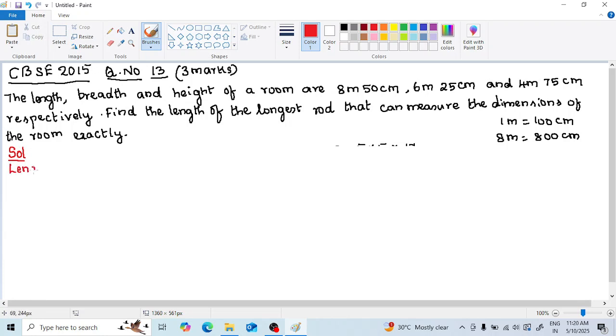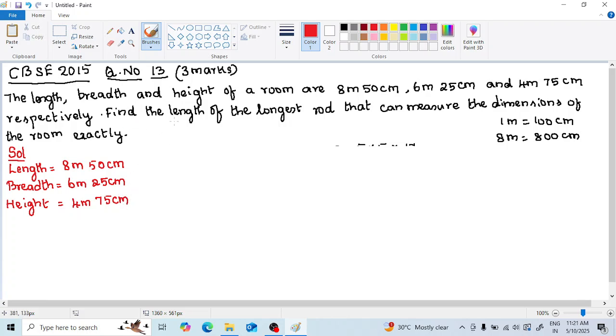The length will be 8 meter and 50 centimeter. And what is the breadth? The breadth will be 6 meter and 25 centimeter. And what is the height? The height is 4 meter and 75 centimeter.